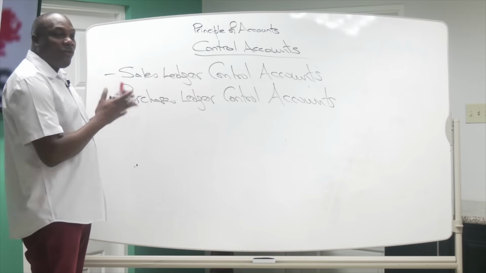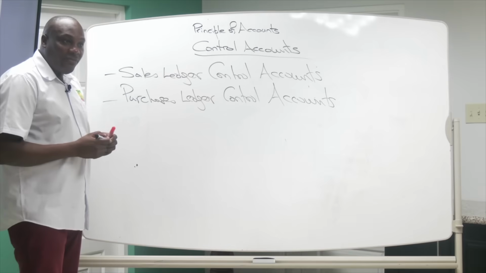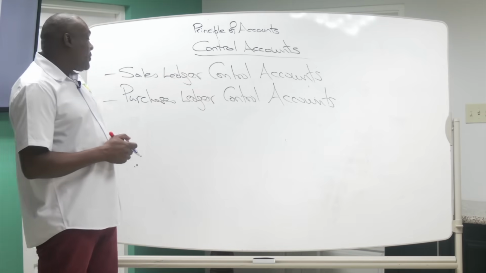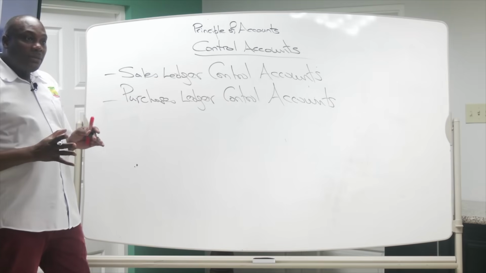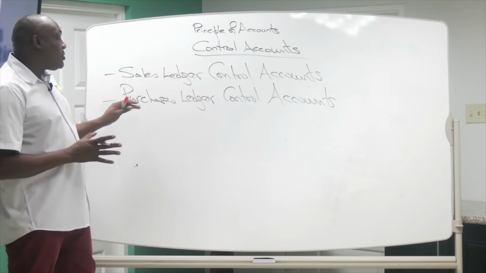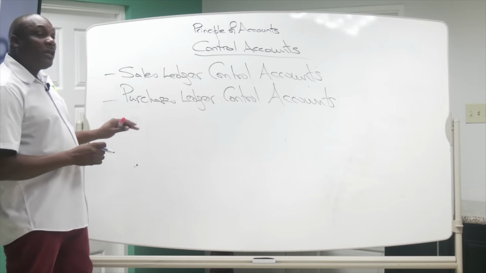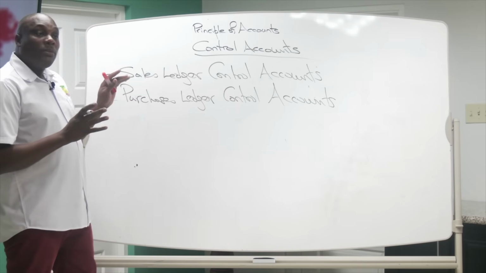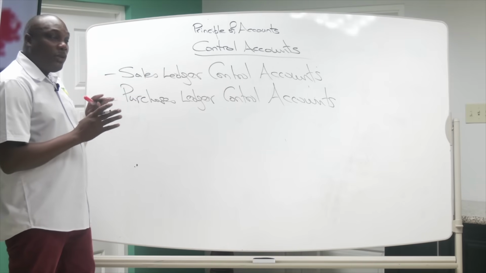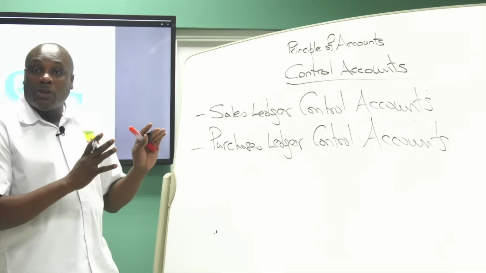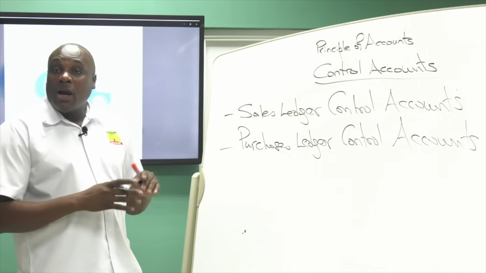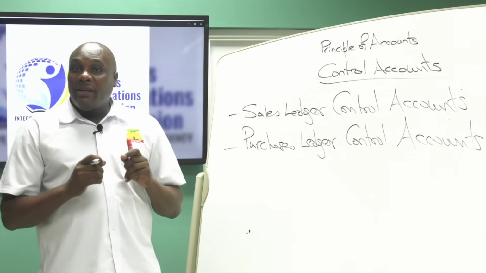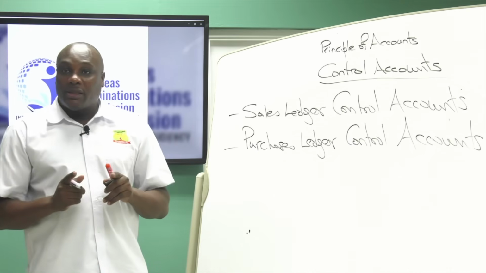They're all referring to debtors. Very important. Now, when it comes to purchases ledger control account, again, the examiner may refer to it as total creditors control account, or total supplier control account, or accounts payable control account. These are the names that are associated with creditors.